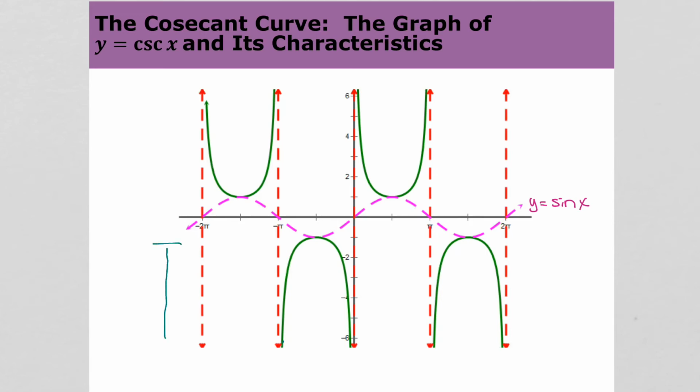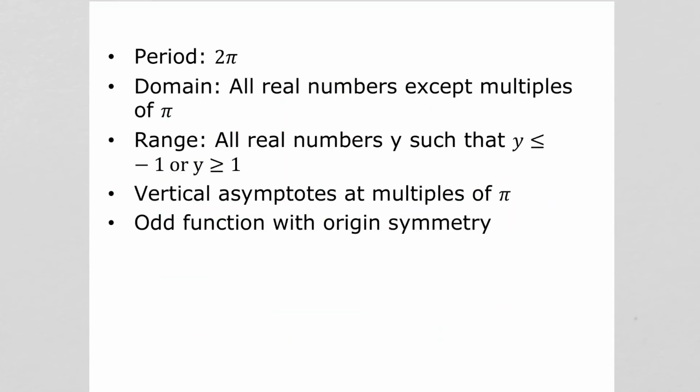It's coming from negative infinity and going up to negative 1, and then it's starting again at 1 and going up to infinity. So we would write the range as negative infinity to negative 1, including negative 1, unioned with 1 to infinity.